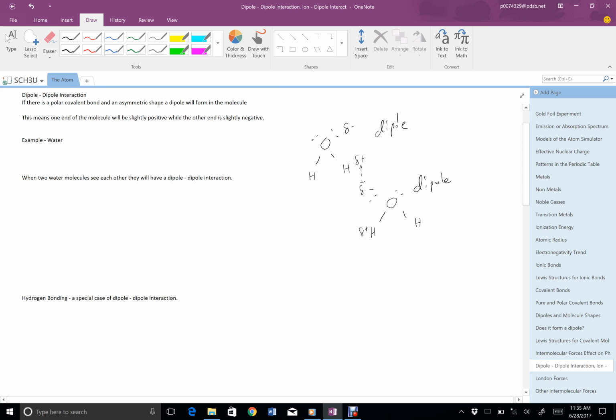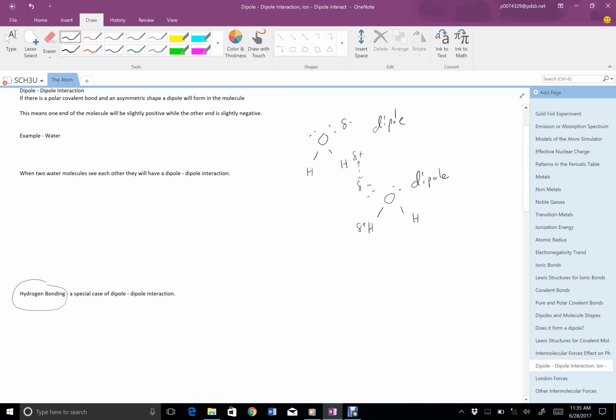This particular dipole-dipole interaction is a hydrogen bond, and this is important because hydrogen is very small. See, these hydrogens are very small as far as atoms go, and these are lone electron pairs. So when these interact with each other in a hydrogen bond, the hydrogen and the oxygen lone electron pairs can get a lot closer than usual.